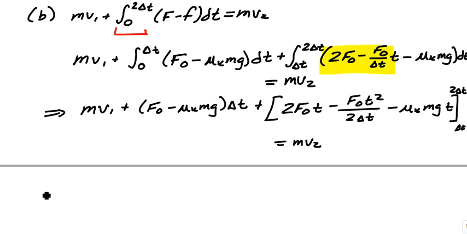If I expand this again, I'm going to have m times v1 plus F naught times delta t minus mu k times m g times delta t.